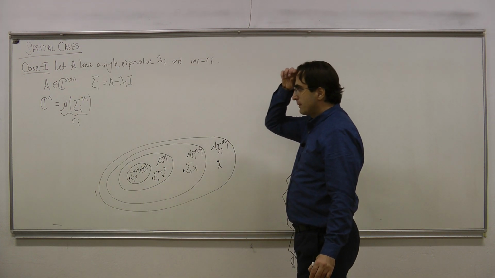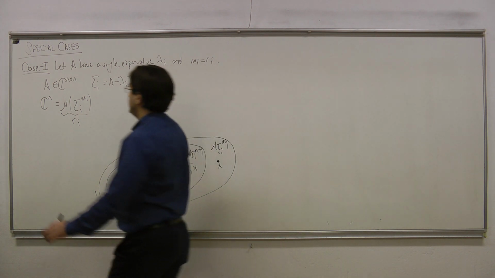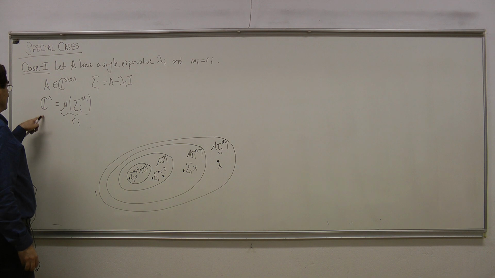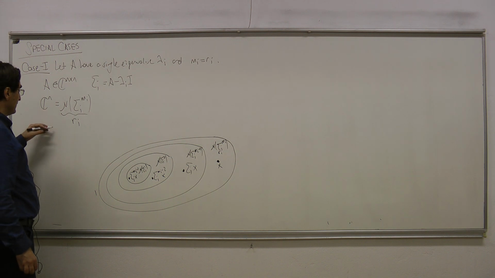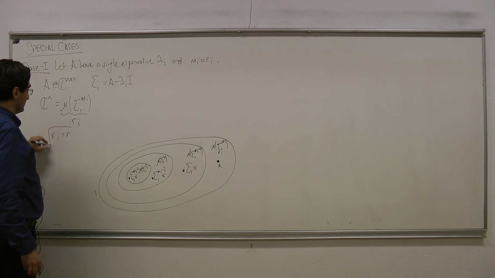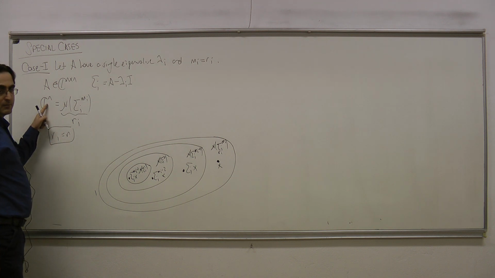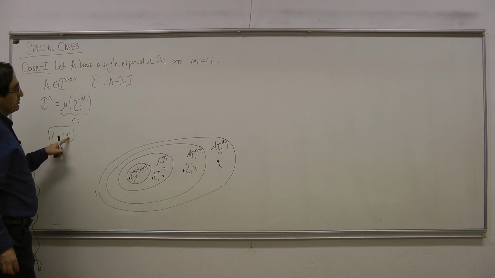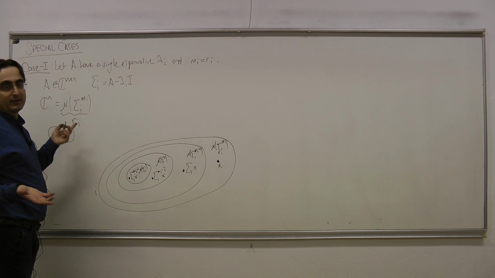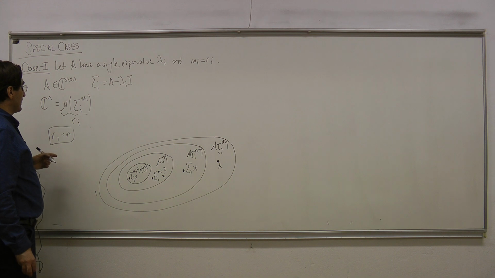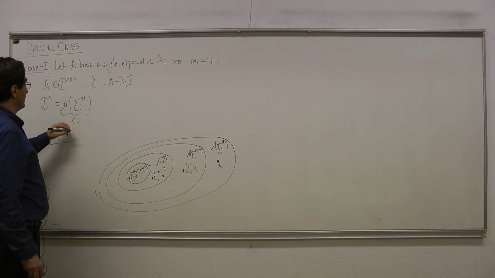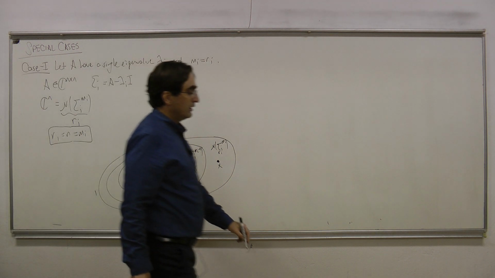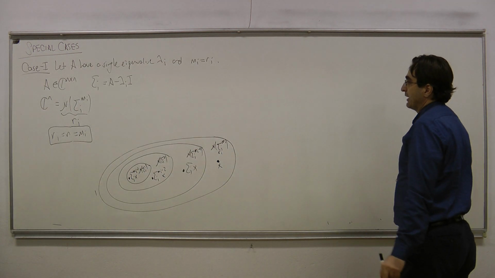But here, I see that the dimension should be the dimension of the overall space. That means that I get the equality here. Ri should be the dimension of Cn, which is n. So in this case, Ri should be n and mi should be n. They should be equal to the size of the matrix. I can actually write here also mi. In this case, I have this important fact.